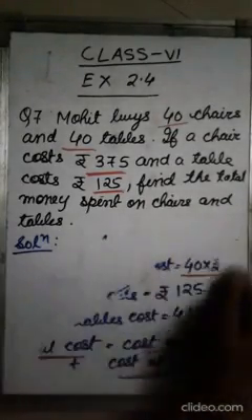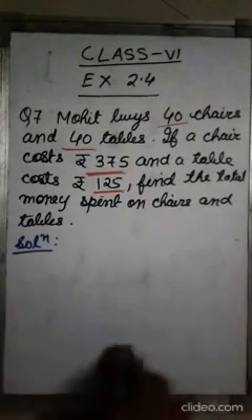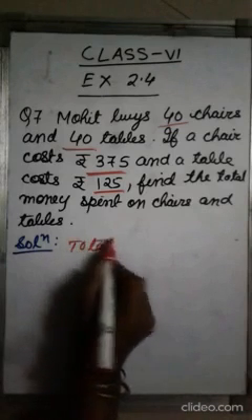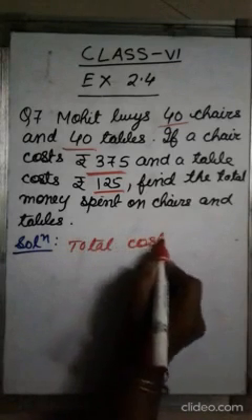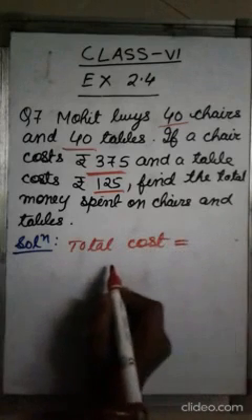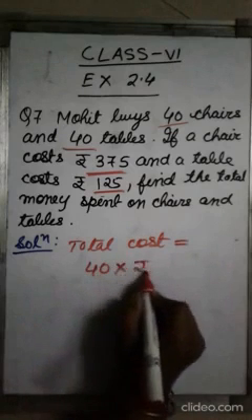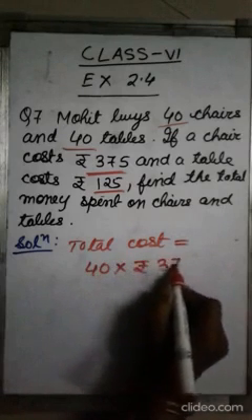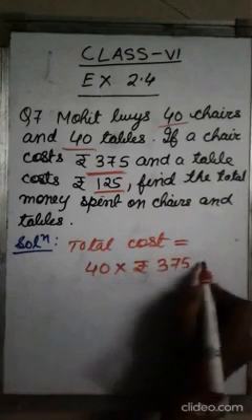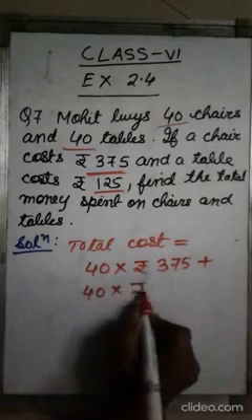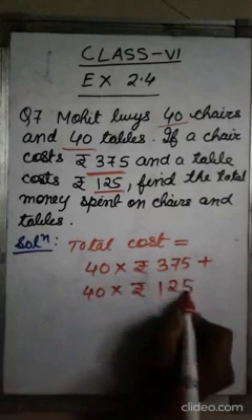So it will be the total cost. We have got total cost equal to 40 into rupees 375 plus 40 into rupees 125.